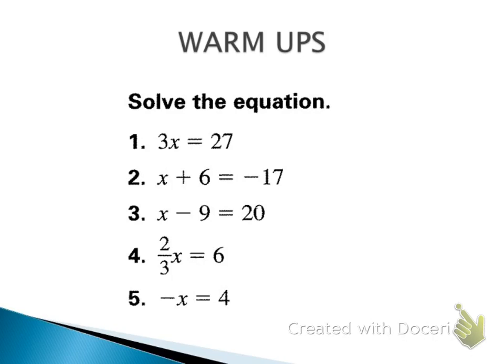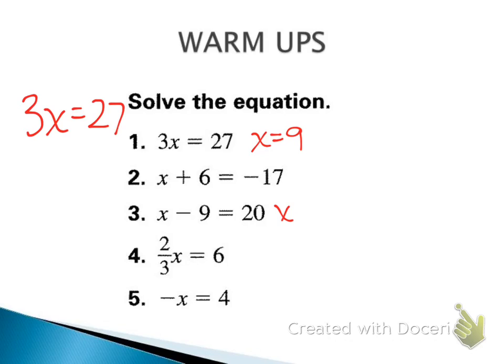All right, for our warm-ups, we are just solving equations. Kiatha, what'd you get on number 1? Wonderful. We should get x equals 9 if we divide both sides by 3. On number 2, Angel A, what did you get?